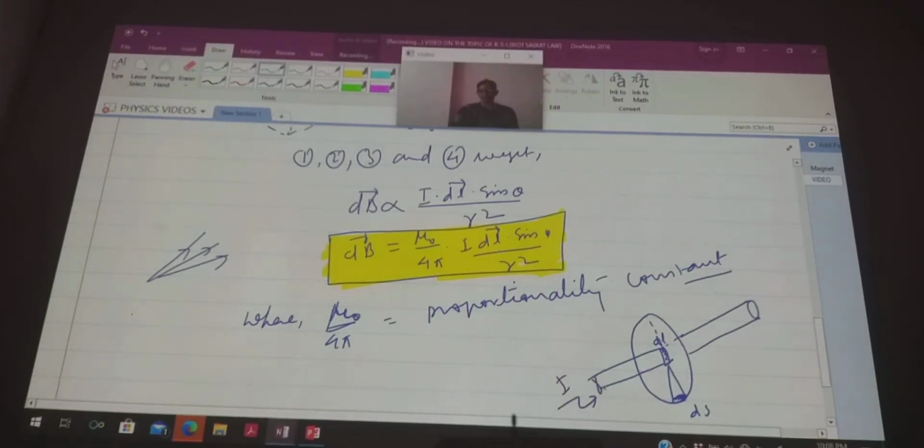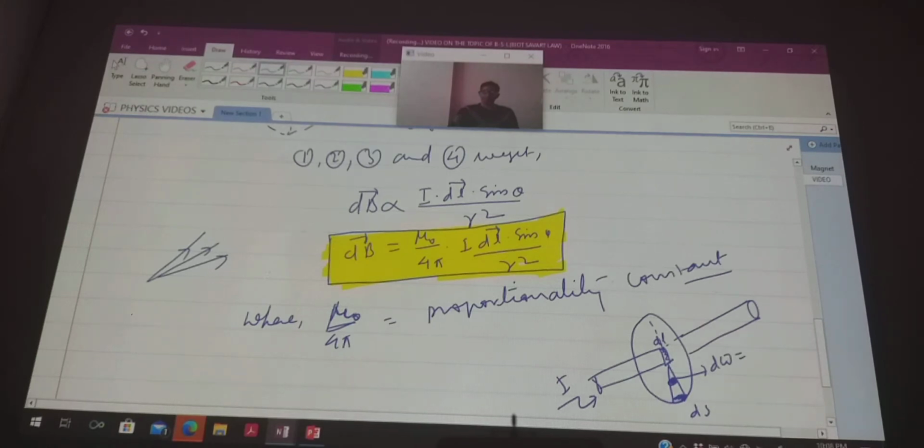Whenever current is passing through it over the dl length, then its area is this one, and here is the solid angle. This is in the radially outward direction, and it is called d omega, and when integrated, the total is the 4 pi solid angle.